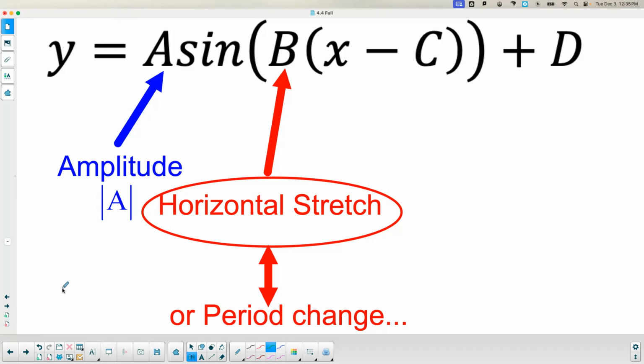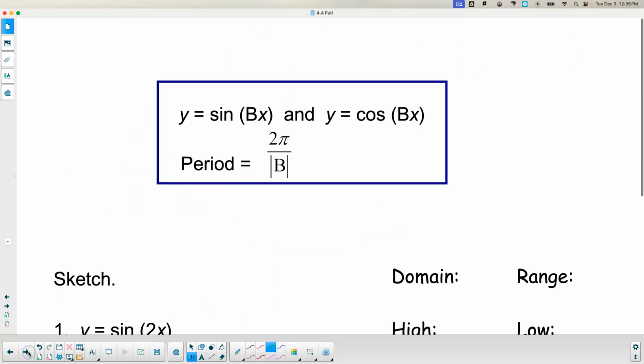Okay? The first thing that you've got to know about the period change is you have got to know this. You need to get this committed to memory. That the period of a function is 2 pi divided by the absolute value of b.